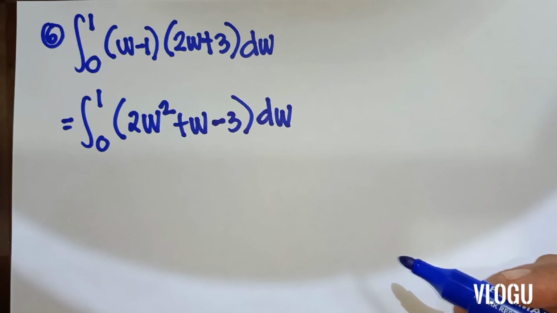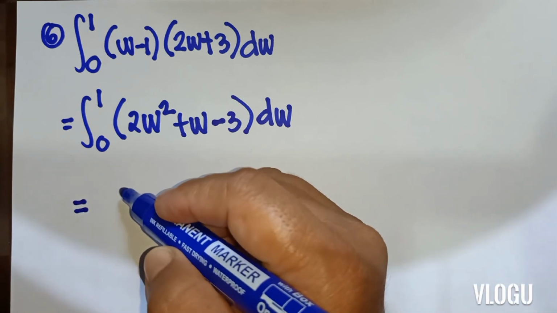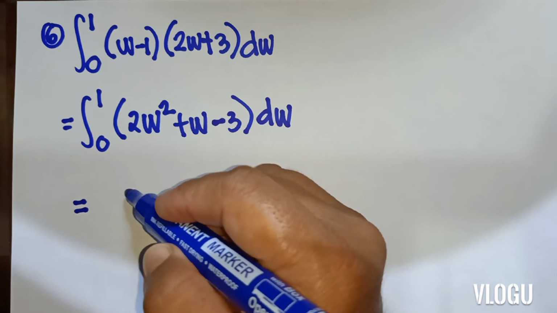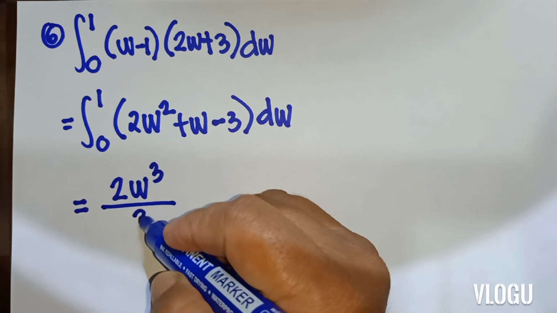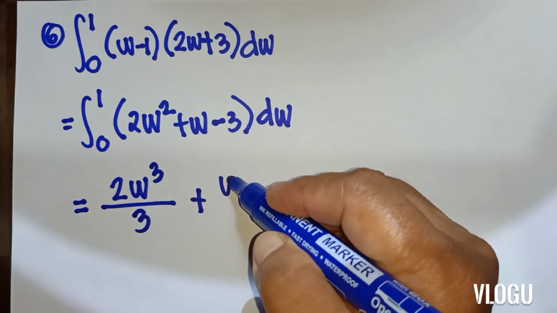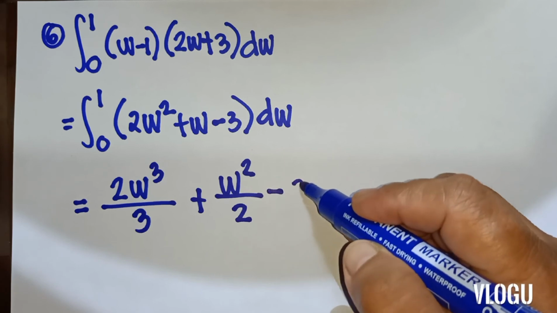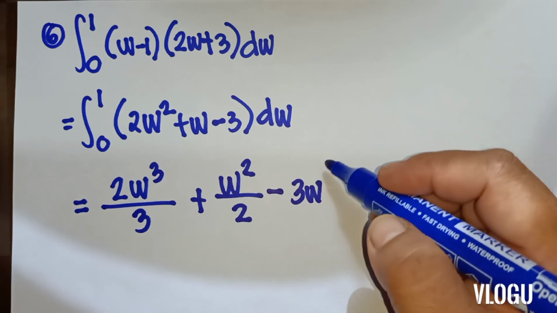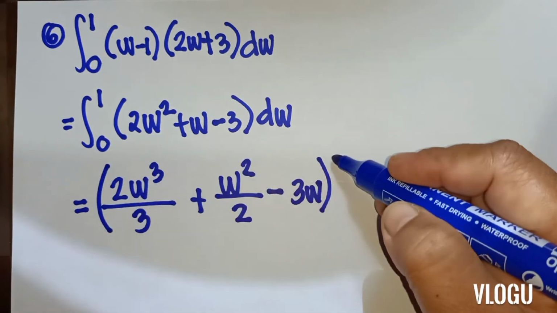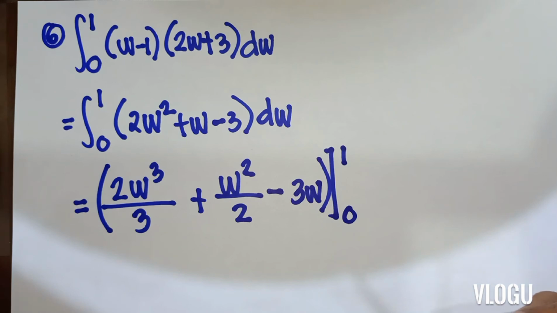Then the integral of that becomes 2w cubed over 3 plus w squared over 2 minus 3w, all evaluated from 0 to 1.